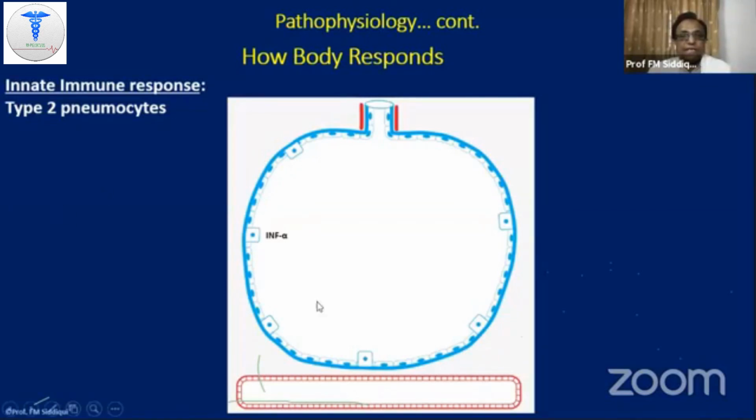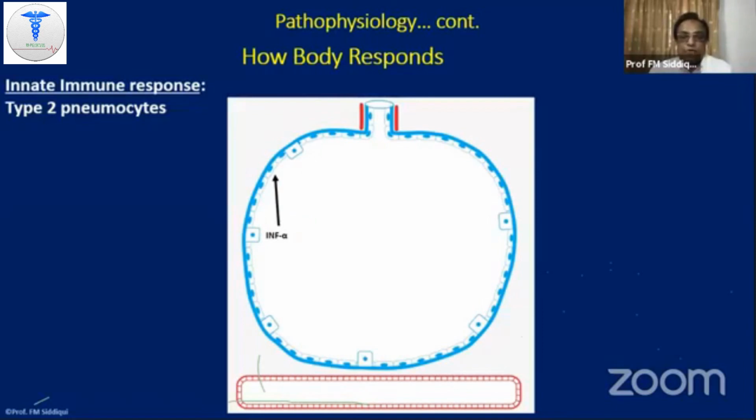So it causes release of a cytokine, which is known as interferon alpha. This interferon alpha is very important. It immediately causes three things. First, it goes into the surrounding pneumocytes and informs them that they have been invaded by a foreign virus.